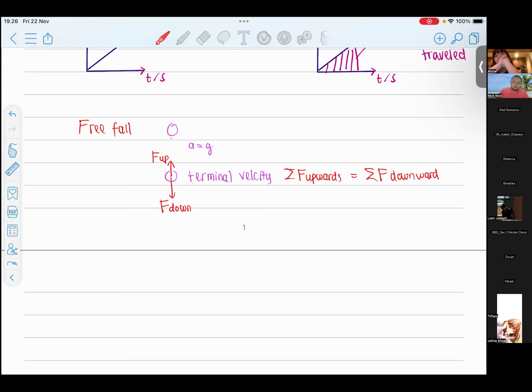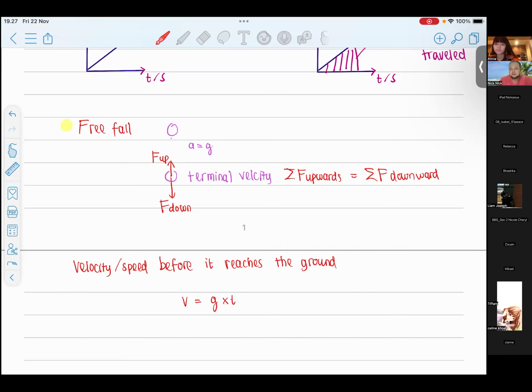Okay. And then the important formula that you have to remember is about the final velocity before it reaches the ground. It is v equals g times t, right?